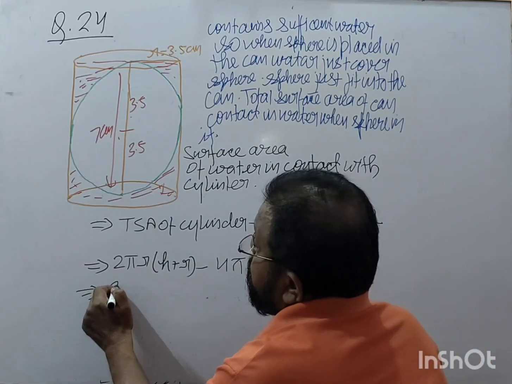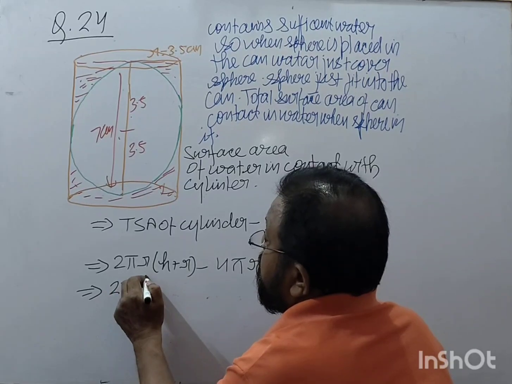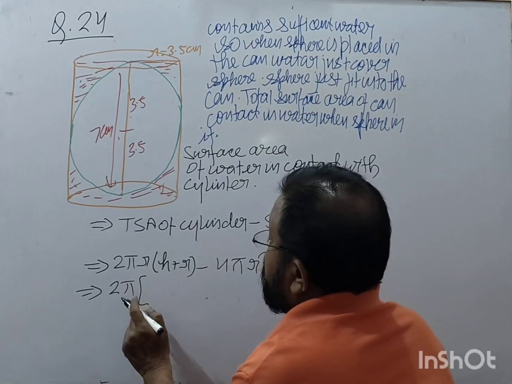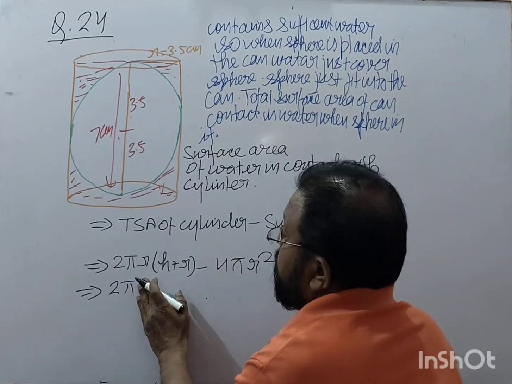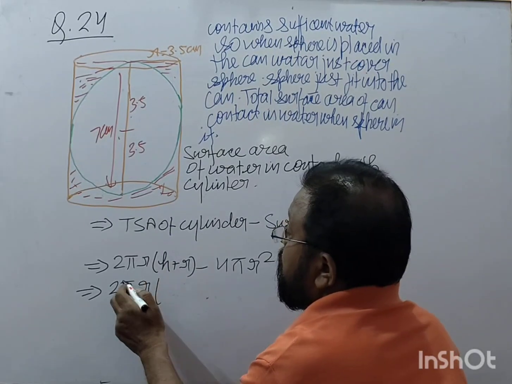So if we take 2 pi as a common, we get 2 pi r. If we take 2 pi r as a common, how much do you get?